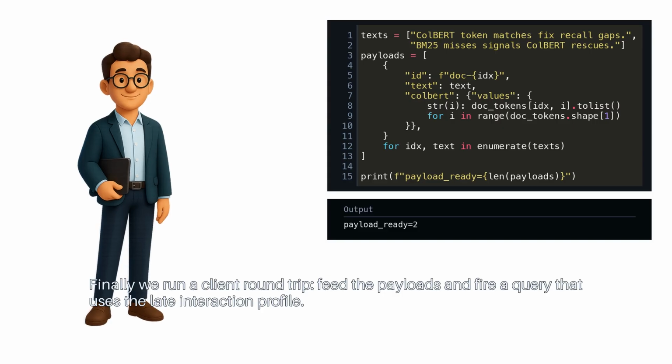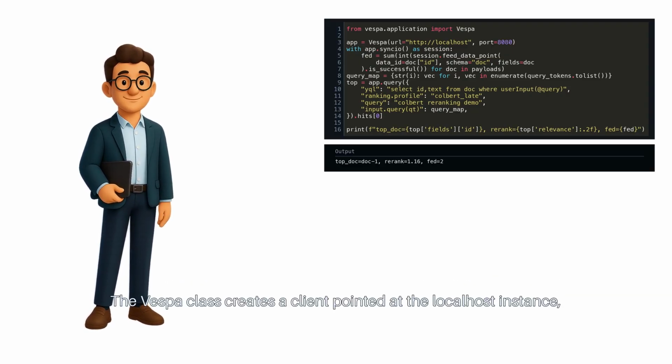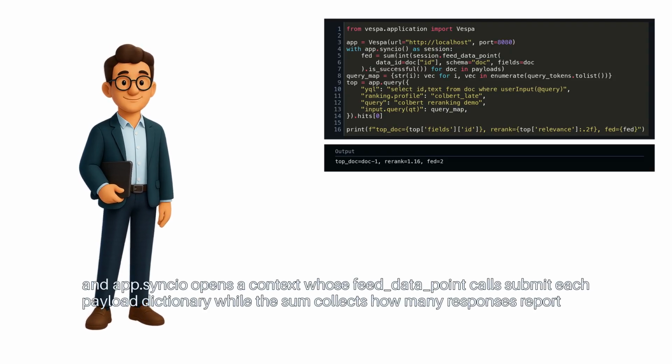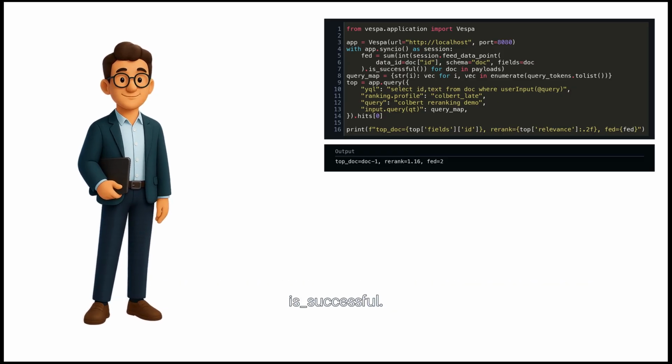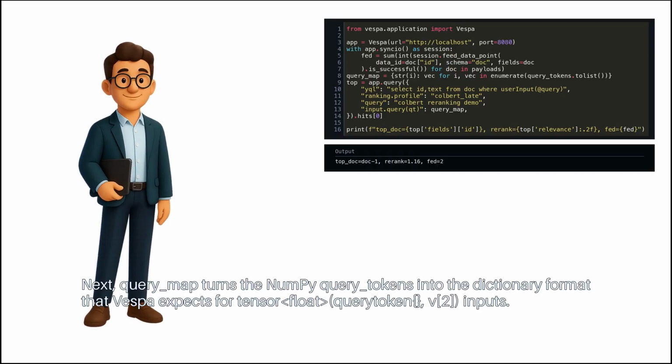Finally, we run a client round trip, feed the payloads, and fire a query that uses the late interaction profile. This example drives an actual Vespa round trip using the prepared payloads. The Vespa class creates a client pointed at the localhost instance, and app.asyncio opens a context whose feed_data_point calls submit each payload dictionary, while the sum collects how many responses report success. Next, query_map turns the NumPy query tokens into the dictionary format that Vespa expects for tensor<float>(querytoken{}, v[2]) inputs.